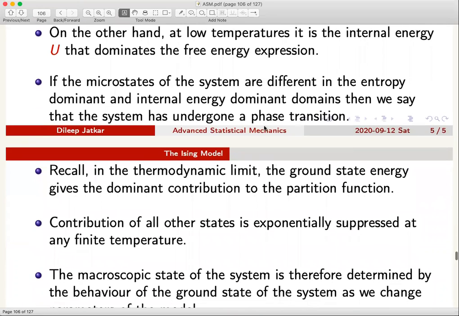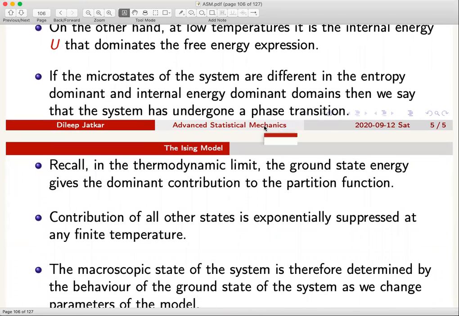Now, if you try to write down the partition function of a system, then typically in the thermodynamic limit, the ground state energy or ground state configuration gives the most dominant contribution, and any other contribution in the thermodynamic limit, that means the number of degrees of freedom going to infinity, is exponentially subleading. We will see this when we look at, say, the 1D Ising model. Of course, we'll see it in the 2D Ising model also, but the 1D Ising model is good enough to at least understand what is happening in the system.